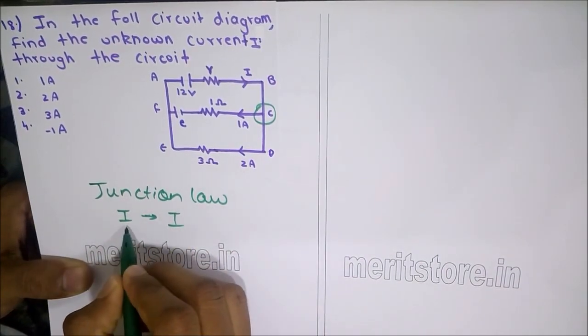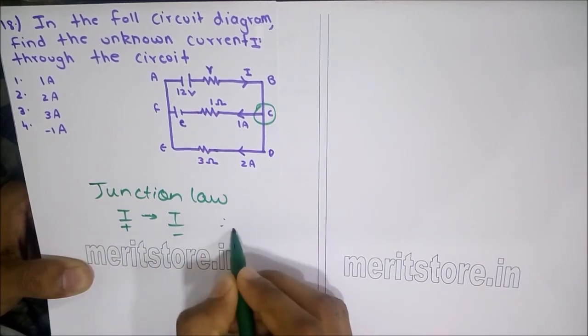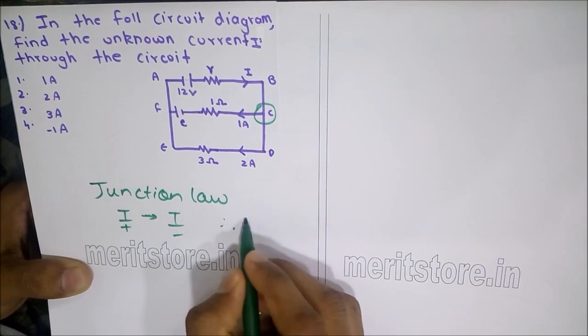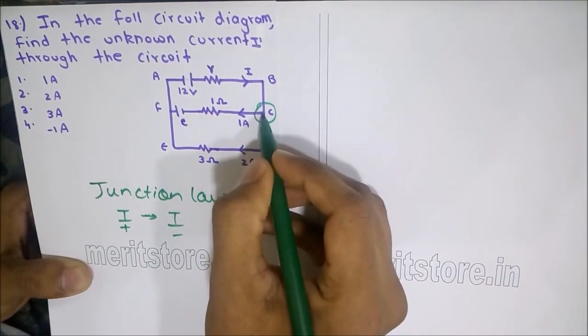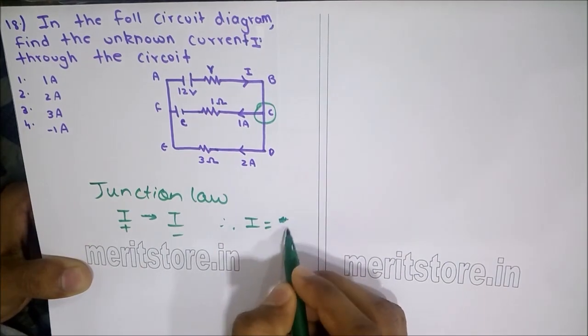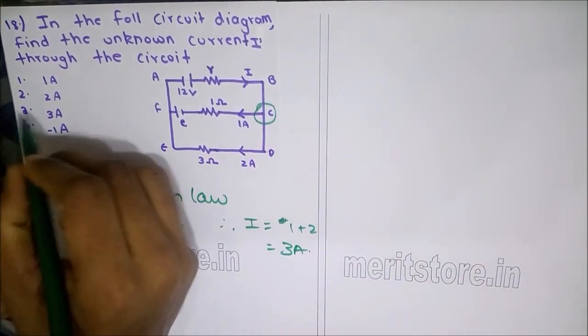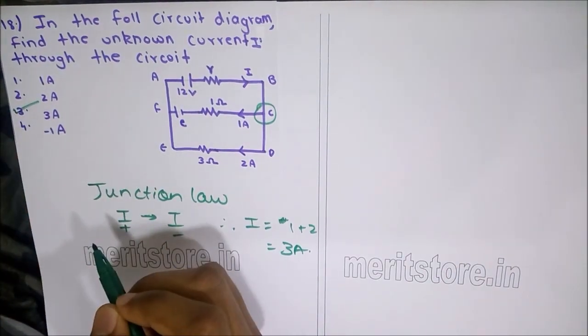Current flowing into the junction is taken as positive and leaving the junction is taken as negative. So the current I which flows into the junction C is nothing but 1 plus 2, which is 3 amperes. So option 3 is the right answer.